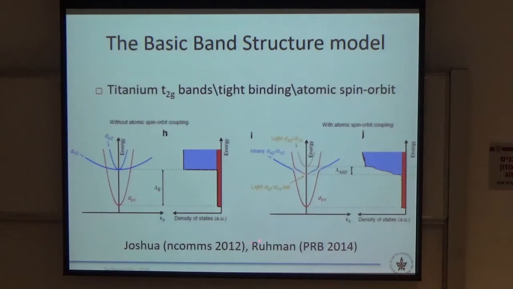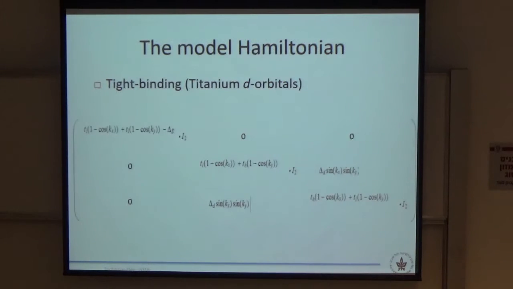Okay, and now we have to build a model because Moshe Goldstein is also there. And so we use this starting point of Ruhman and Ehud Altman, and they looked at these spin-orbit split titanium bands, and they found that these bands split, and now we had to add more complicated stuff, which is this interaction.